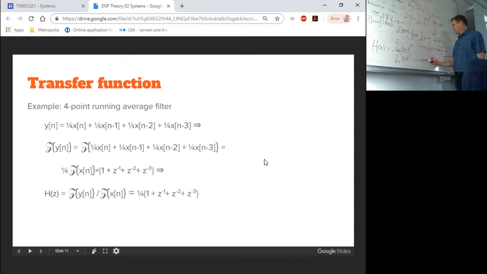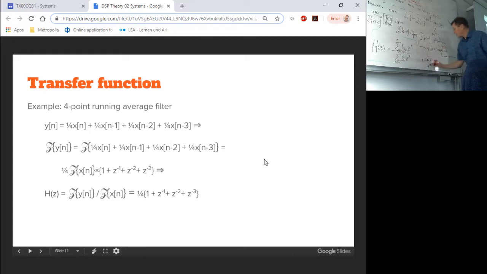See example: difference equation y of n equals 1/4 of x of n plus x of n minus 1 plus x of n minus 2 plus x of n minus 3.